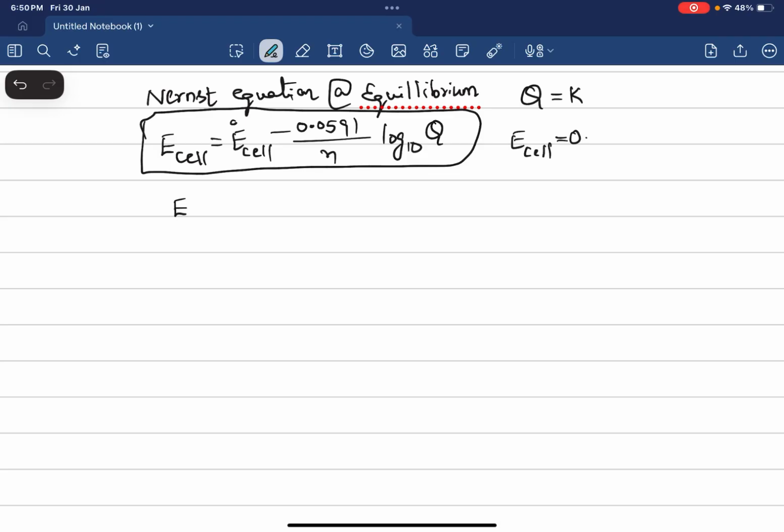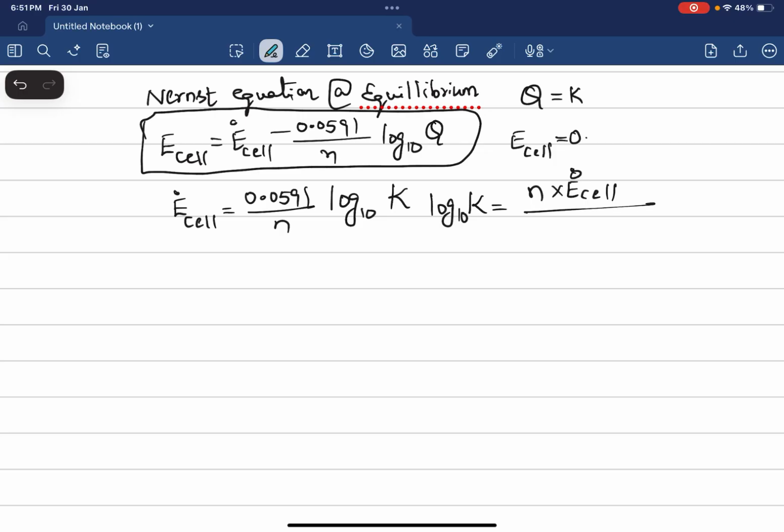Then we can write E naught cell equals 0.0591 by n log base 10 K. So log base 10 K equals n into E naught cell by 0.0591, and K equals 10 power n into E naught cell by 0.0591.